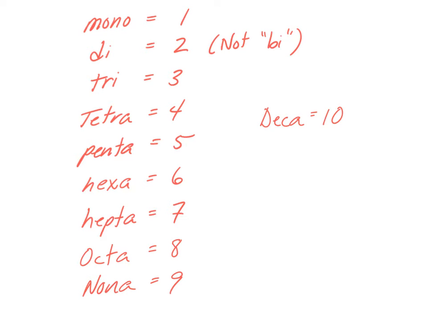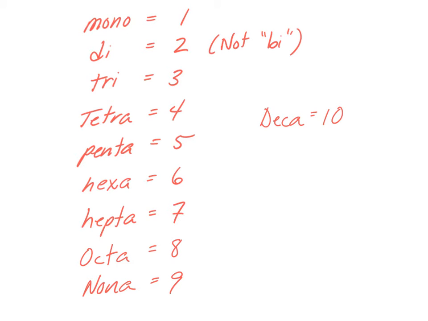Tri, 3. Tetra, 4. Penta, 5. Hexa, 6. Hepta, 7. Octa, 8. Nona, 9. And deca, 10. Make sure that you've written this in your notes, okay? You're going to want to refer to this when you're practicing naming and writing formulas for molecular compounds.